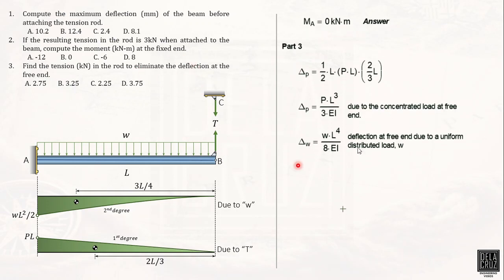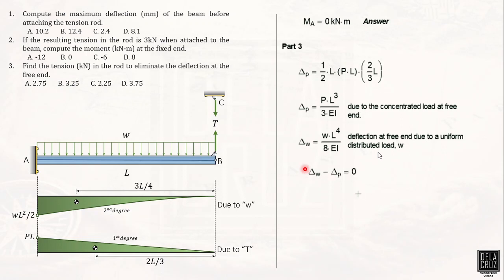Okay? So, let me just copy this one. Generalize ko muna. That would be deflection due to the uniformly distributed load, that is downward deflection, minus the upward deflection, which is due to the force P acting at the endpoint, equivalent to 0. Okay? Ito yung ating main equation.